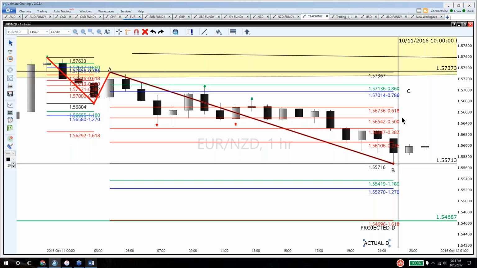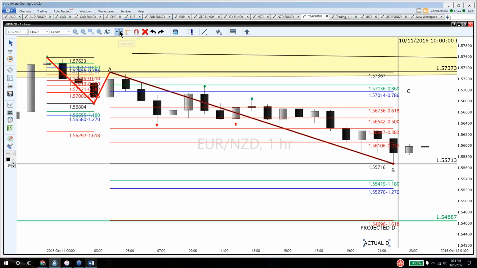Bet I have a C. I always have a C. There's an AB boundary, I have a C. Because in order for me to draw the AB boundary, I need 2 to the right. So there's always candles to the right of the B. So I'm going to take a look at which one is closest to the A after the B, and that's going to be my C.